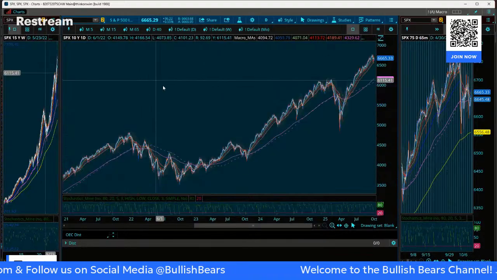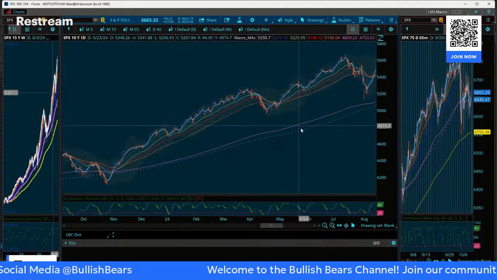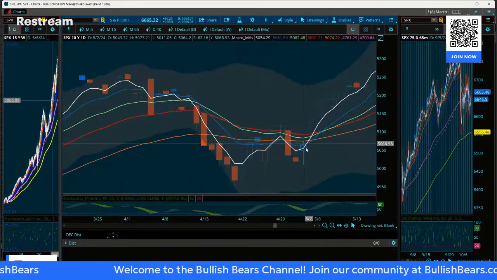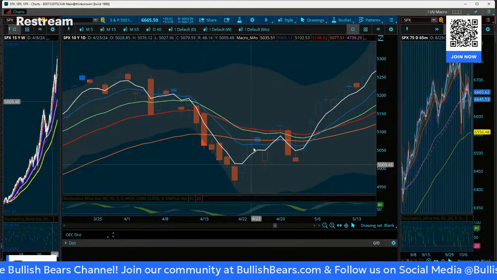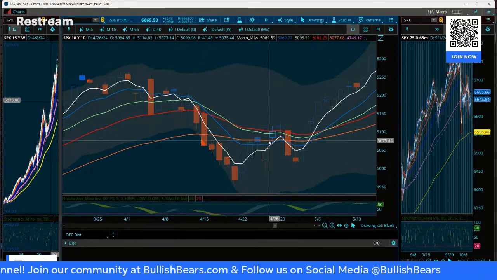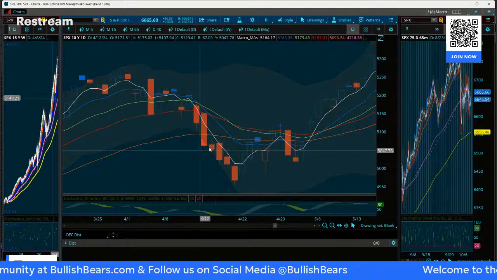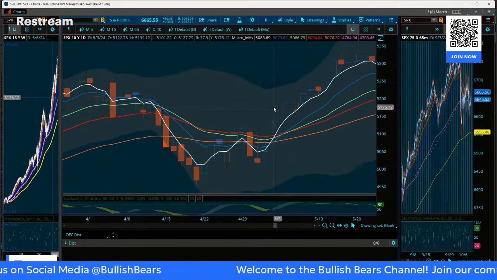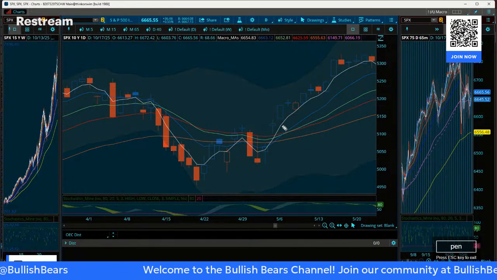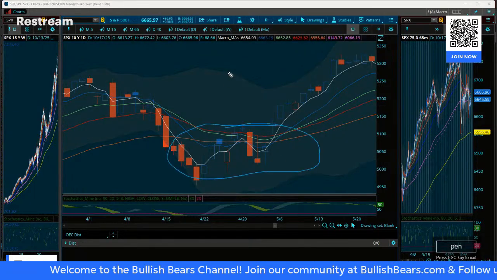Generally speaking, if you get a 10-20 cross to the downside, that's a short-term trade. Here's a 10-20 cross right there. It doesn't have to be a long-term downturn. It can just be a short-term crossover. But what I don't want is things that look like this. That's trash.